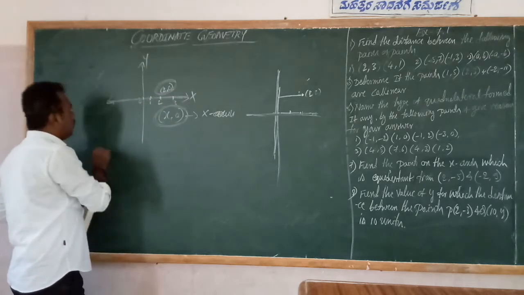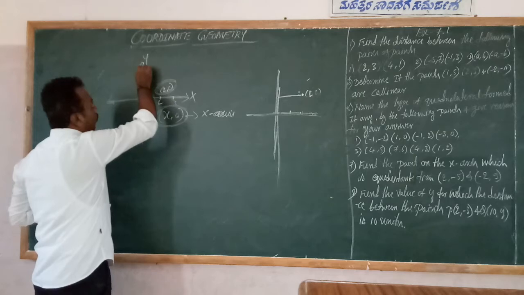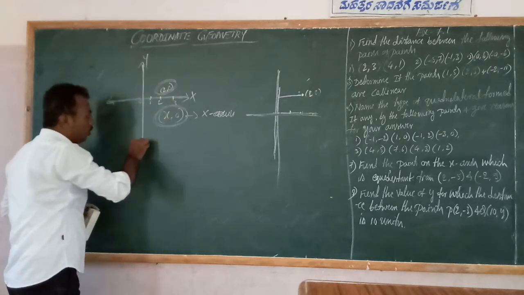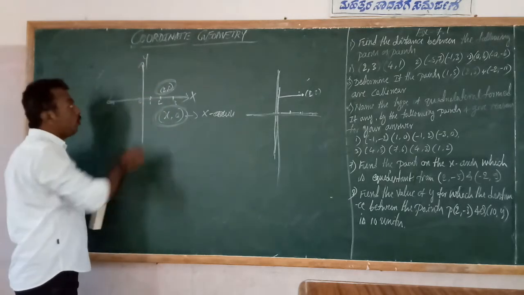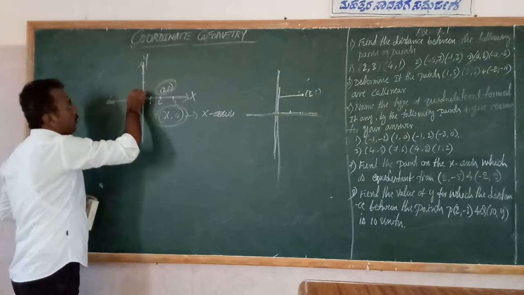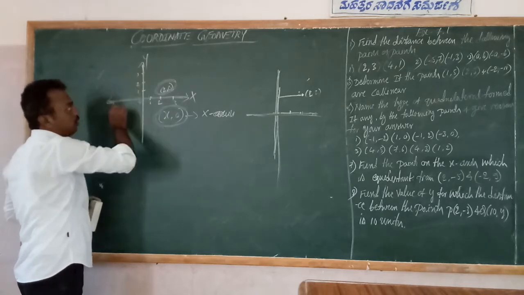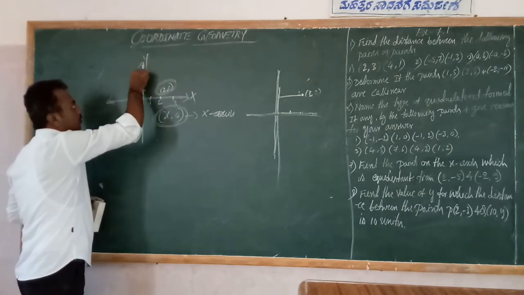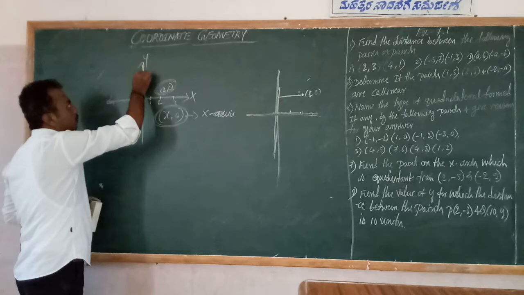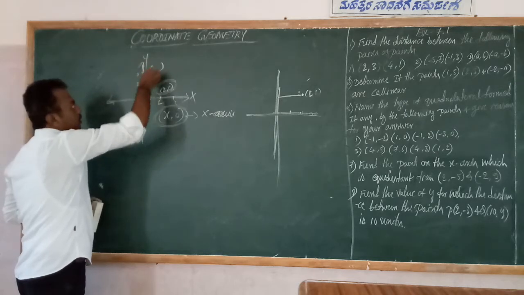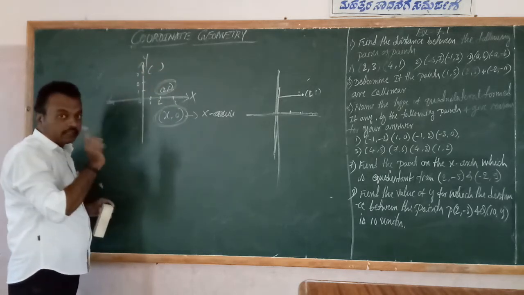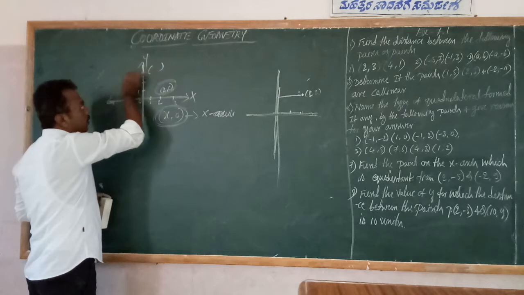Okay, like that, if points are on the y axis, the coordinates of the points on the y axis, for example 1, this is 2, this is 3. So these points, okay. How to represent these points? First we have to represent the x axis. Where is the x axis? Left to right.